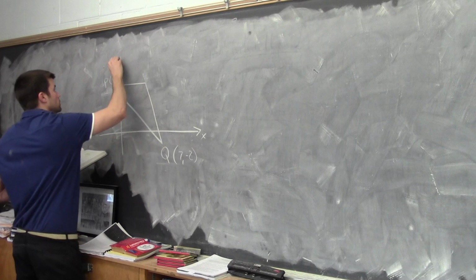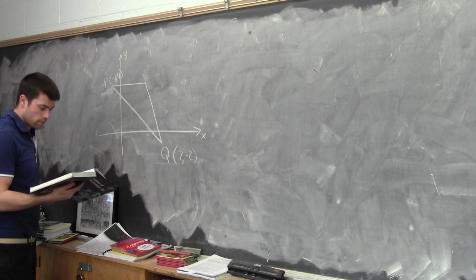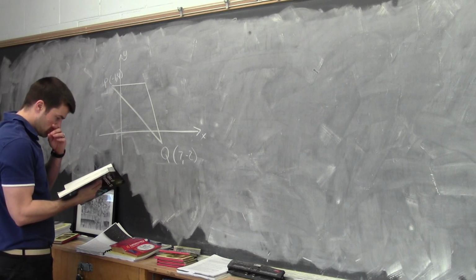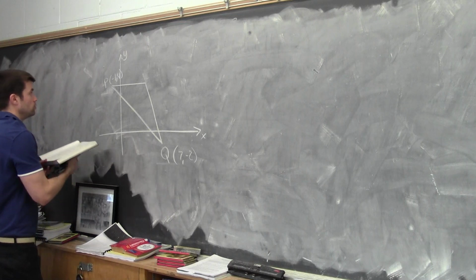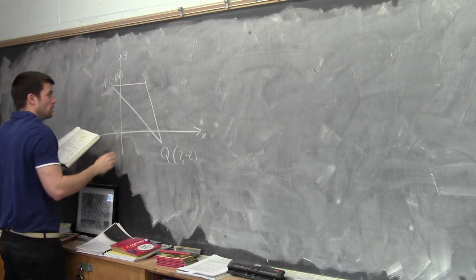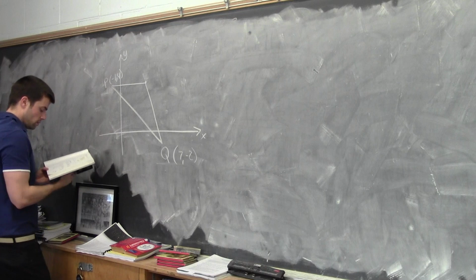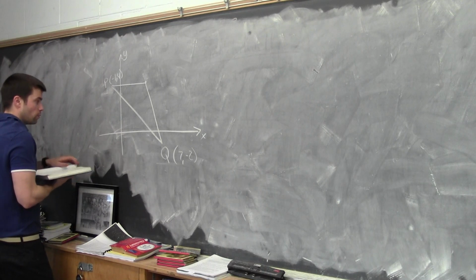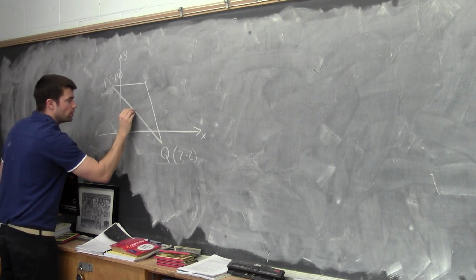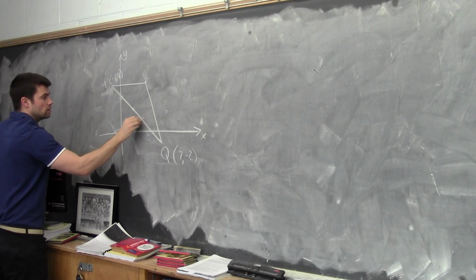Here's my x-axis, here's my y. So these are our 2 schools, P and Q. What we're looking for is a point that's an equal distance from these 2 schools. So right here, this is our unknown point. The way we can determine that is we find the midpoint between P and Q, which is going to be right here, exactly in the middle between these 2.